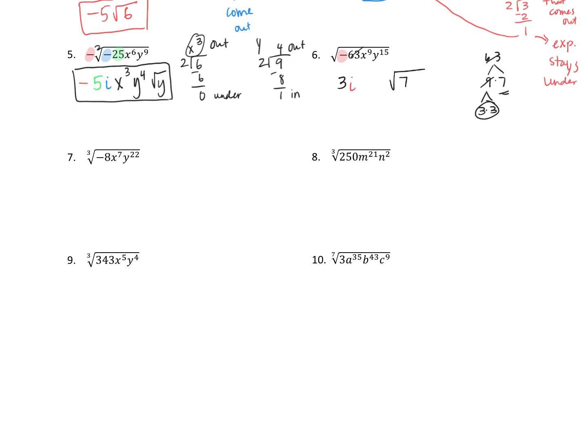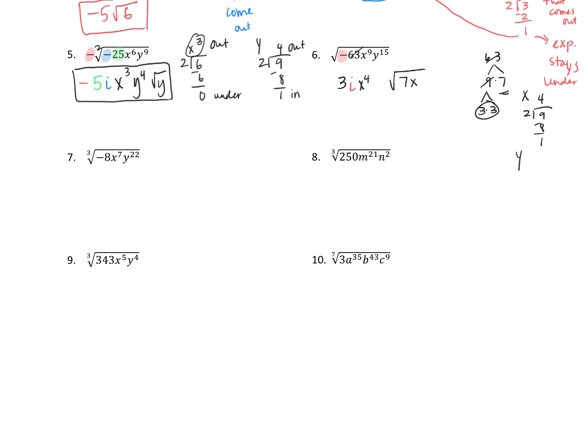Now I'm going to do each variable. So for the x, I want to see how many times 2 goes into 9. 2 goes into 9, we just did this, 4 times. The remainder is 1. So that means x to the 4th comes out and x to the 1st stays under. And now we have y's.